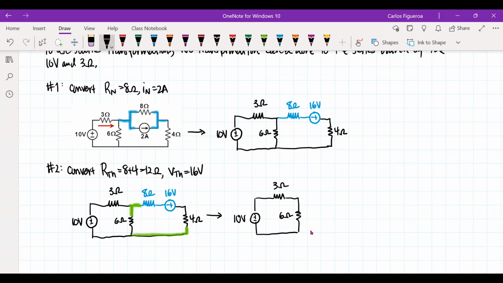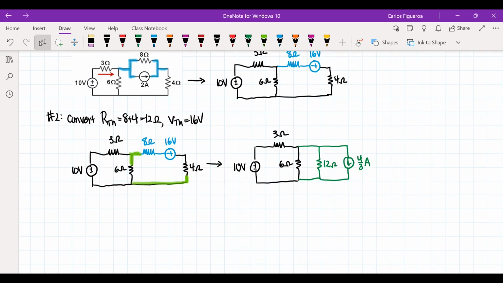What I've converted here is a Norton resistance of 12 ohm, and now I have a current source of 16 divided by 12, which gives me 4/3 amp. Now I'm going to copy this circuit right here.